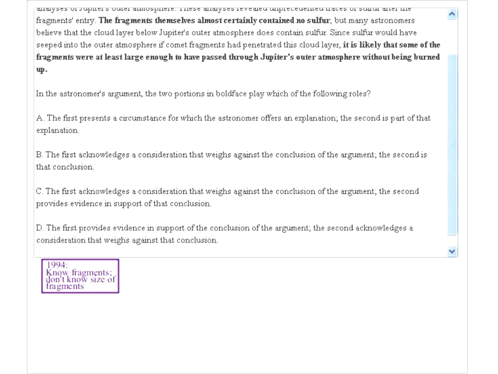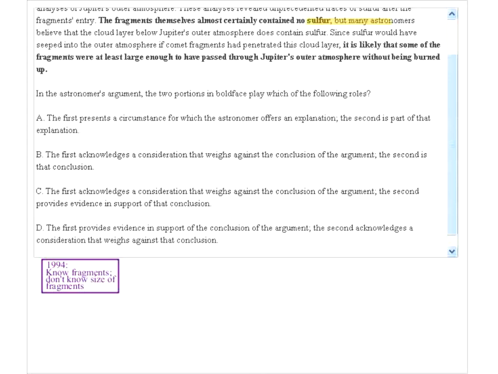In hopes of gaining some indication of the fragment size, notice that some of this also is keeping your eyes open for themes here. Because these passages are very strongly run through with themes. If they keep mentioning some topic over and over again, then it's very likely that topic is going to be the essence of the conclusion. So notice this is already two mentions of the size of the fragments.